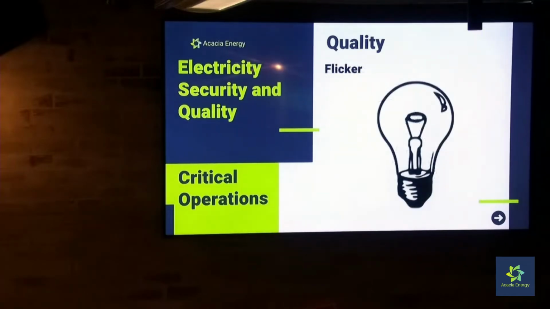Flicker. This one is much less likely for you guys to have any issues with, unless of course you are operating something like an arc furnace. Flicker is named because of the effect it has on lights. You can visibly see it, it's annoying as hell.